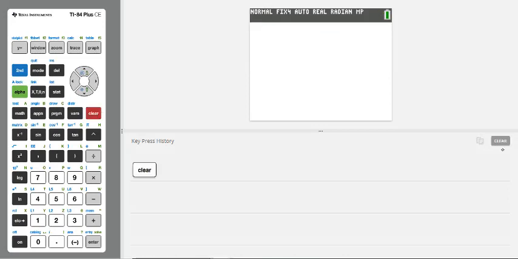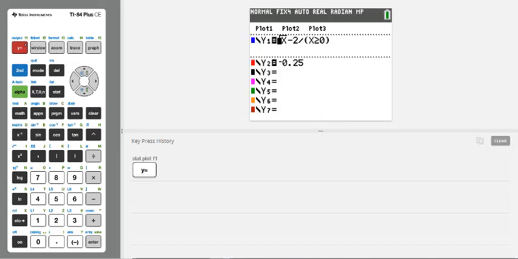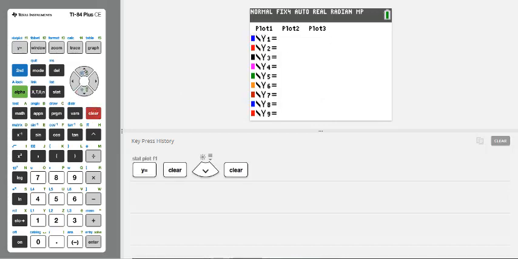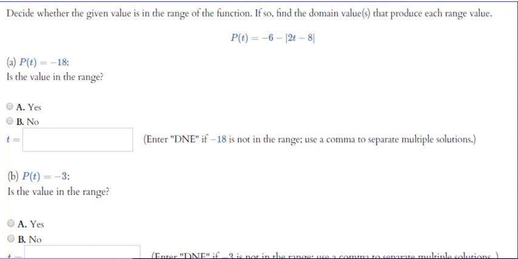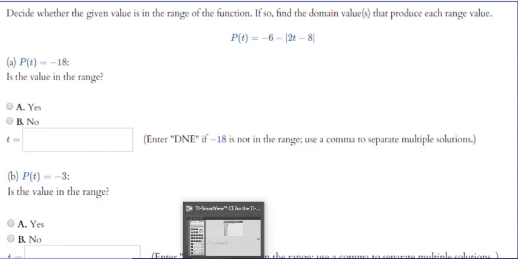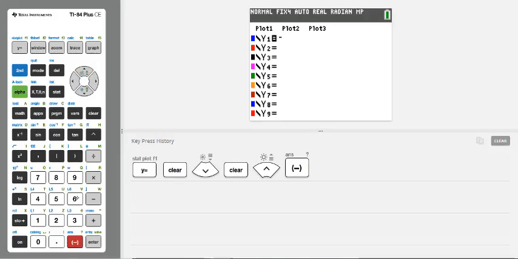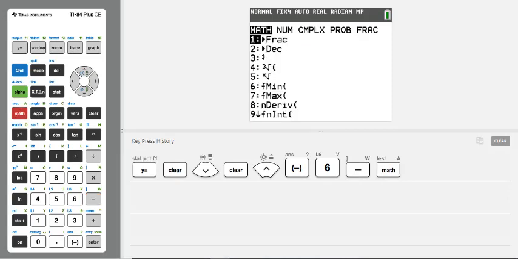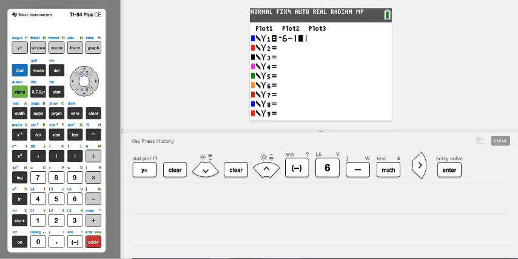We clear that out. We'll go y equals, clear. Get back -6 minus that. -6 minus absolute value is math. Go over here and arrow over to number and hit that.